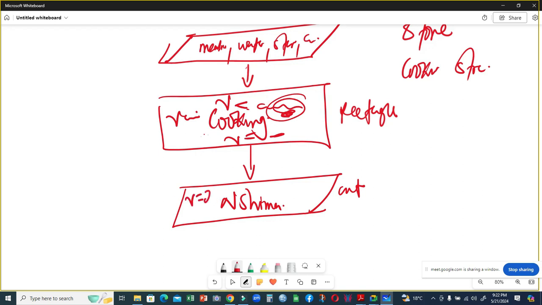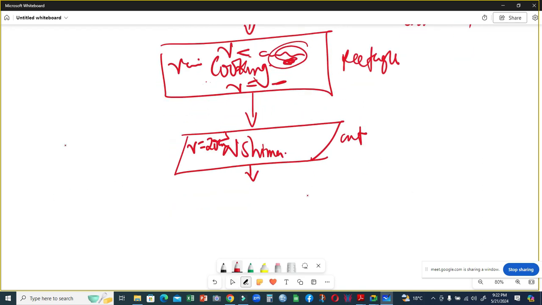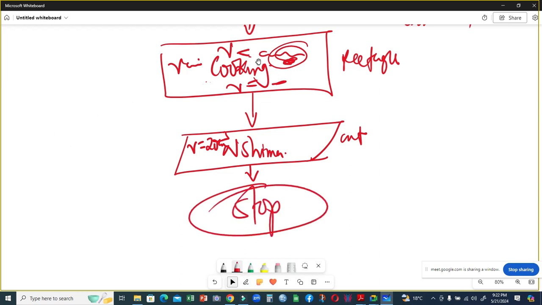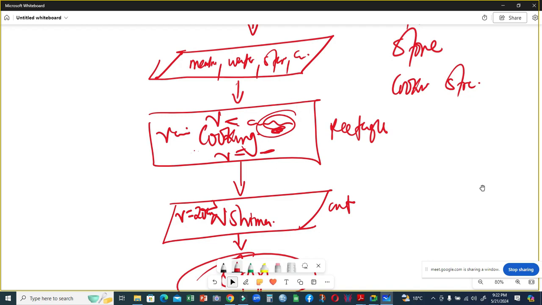Maybe volume is equal to 20 centimeters cubed, for example. Now, after an output, what happens? We end with an oval. You stop. So this is just a layman's explanation, which I'm trying to put up so that we can appreciate.